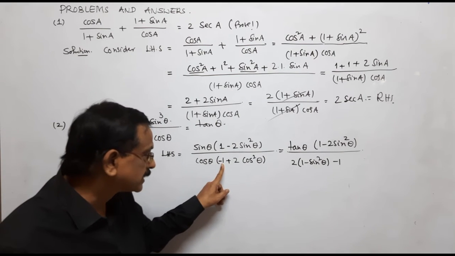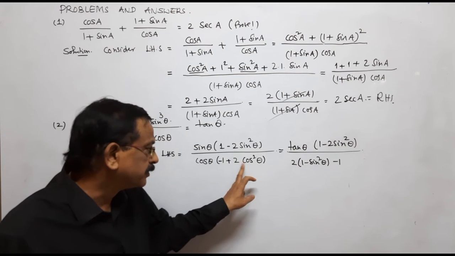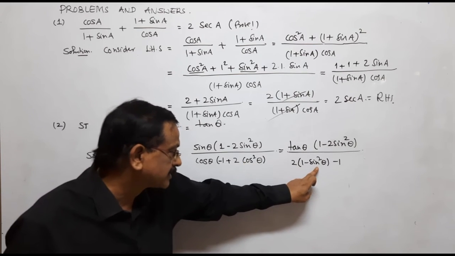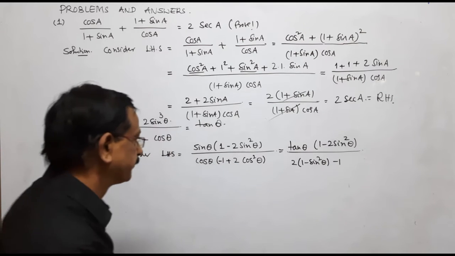See carefully, minus 1 plus 2 cos square theta. So 2 into cos square theta can be written as 1 minus sin square theta. So I am writing this term first and minus 1 second.